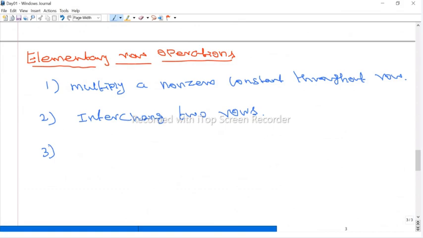That is, add a constant multiple of a row to another row.